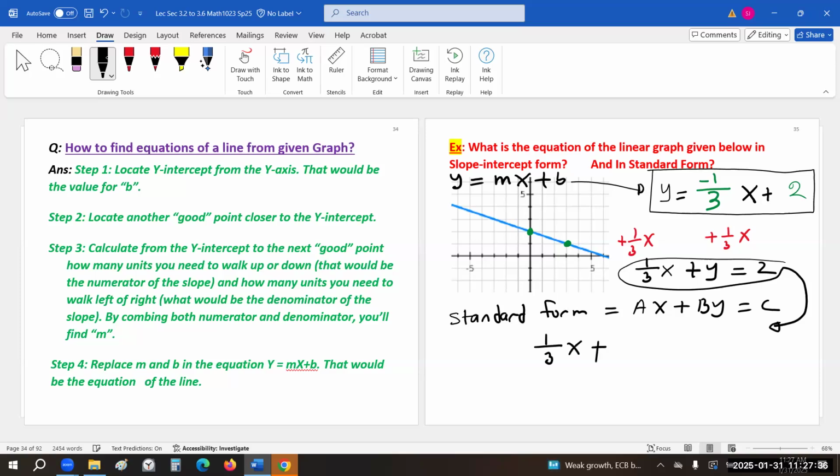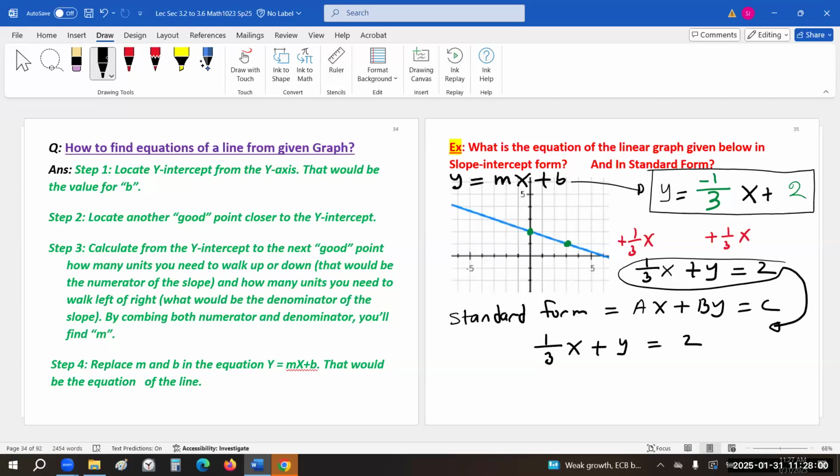One over 3x plus the y equals 2. And now we fulfill this condition. X term and y term are next to one another, and the constant, the number, is alone on the other side. So we have X term plus Y term and constant. We should be happy, right? We fulfill the requirement.